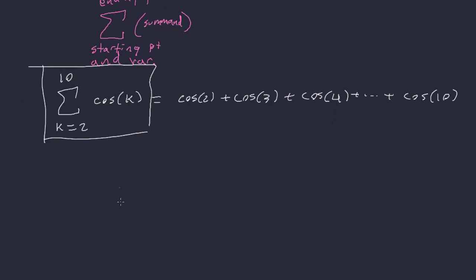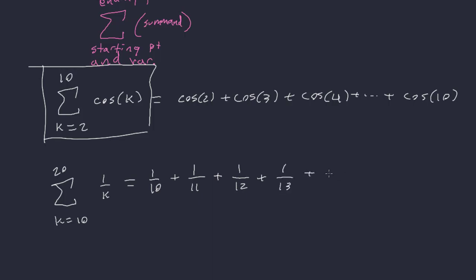To give another example, let's say we have the sum of 1 over k, with k starting at 10 and going to 20. Well, this would be 1/10 plus 1/11 plus 1/12 plus 1/13, all the way up to plus 1/20. So you're always iterating this by a factor of 1.